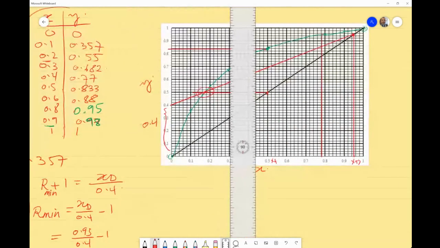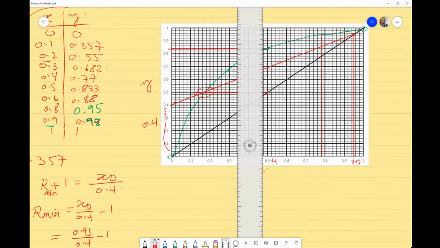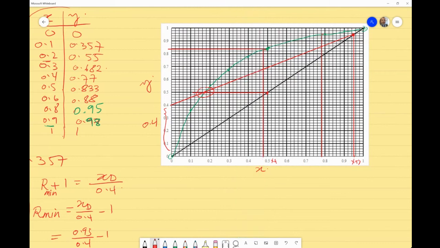Yep. So it's gonna be almost 0.685 here. If we go down here, almost 0.6, because it should be here. So it's not exactly here, so it should be here. 0.485.